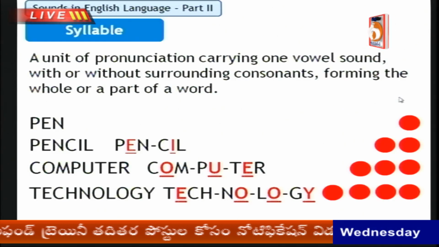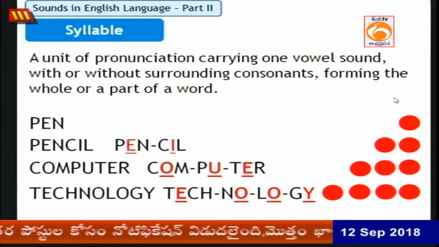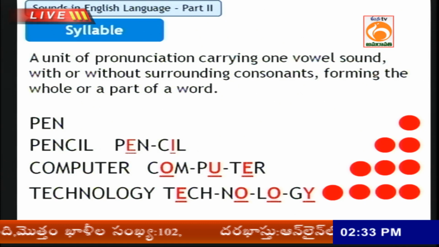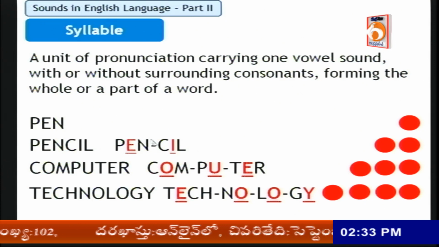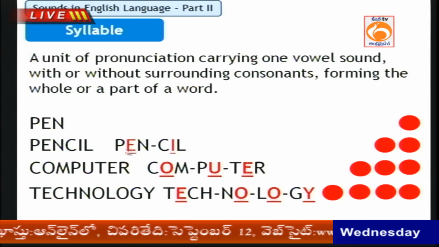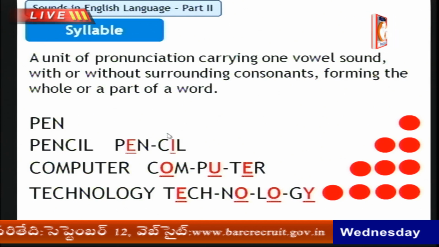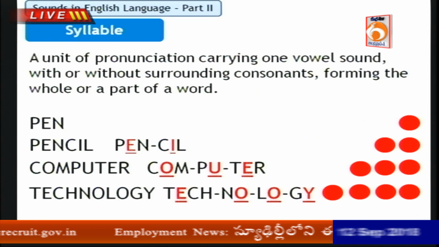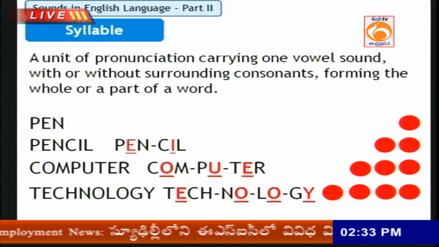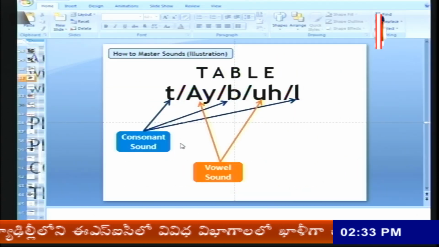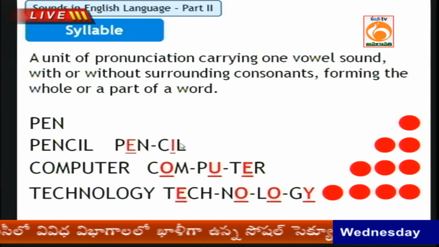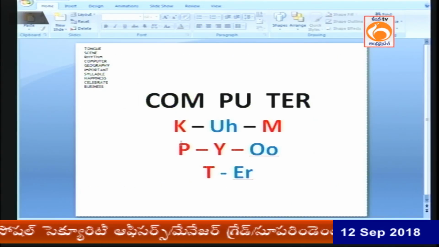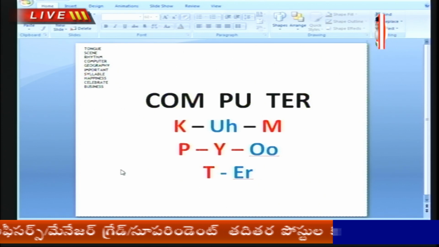So, how do we determine how many syllables a word has? The simple equation is that the number of vowel sounds is equal to the number of syllables. Why is it important that I understand this? When we have an example like geography, okay, now let me go back to this slide.